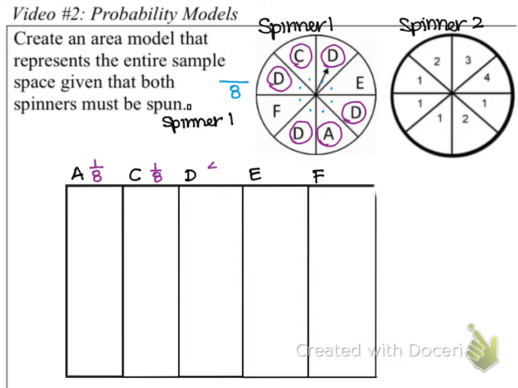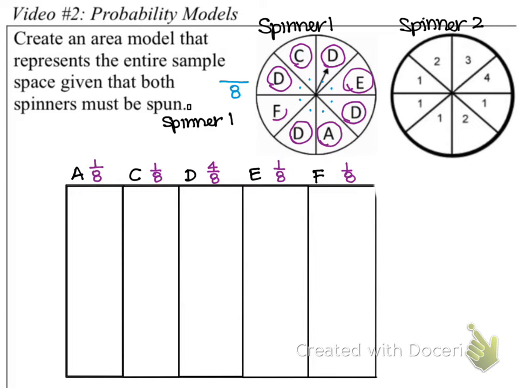You're welcome to simplify your fractions here, but you don't really need to. I'm actually a big fan of not simplifying, so I can see where the numerator and the denominator came from with regards to the spinner itself. E has 1/8, and then F has the remaining 1/8 as well.